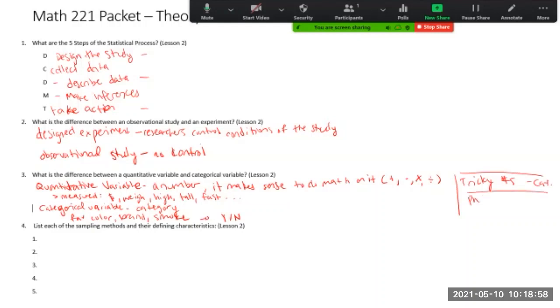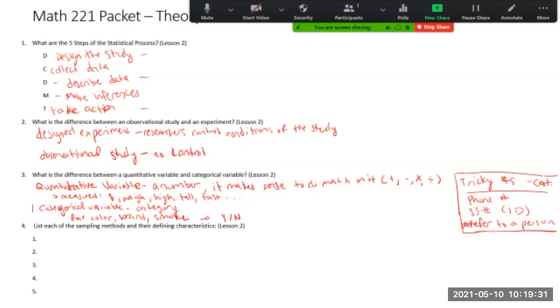A phone number and a social security number or any form of ID is actually referring to a person, because it doesn't make sense to take my phone number and add it to your phone number. It doesn't have meaning. It doesn't give you some sort of numerical value that makes sense. And so they refer to a person, and that is why it is a categorical variable. These particular ones are tricky because they're numbers, but they're categorical variables because they refer to a person.